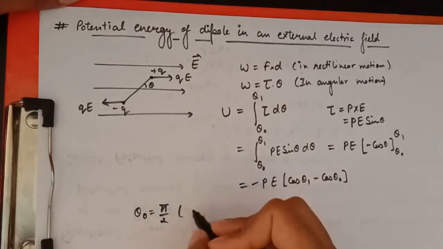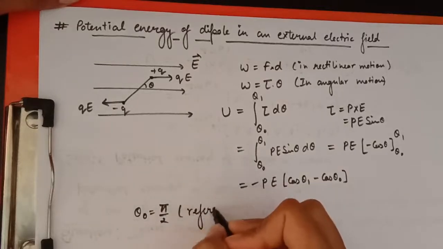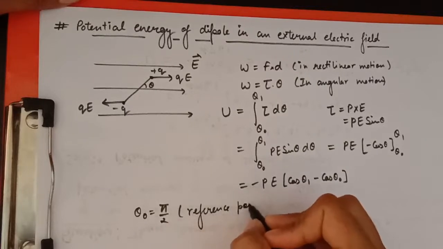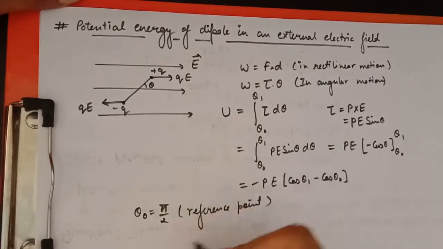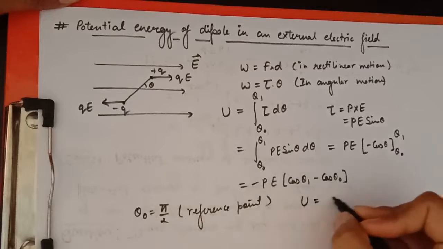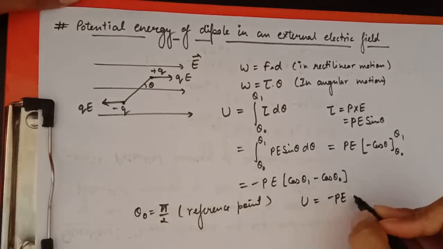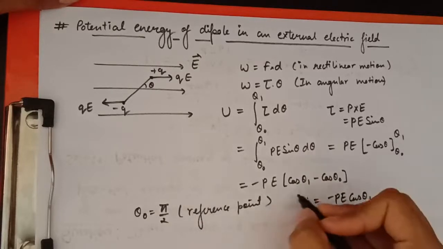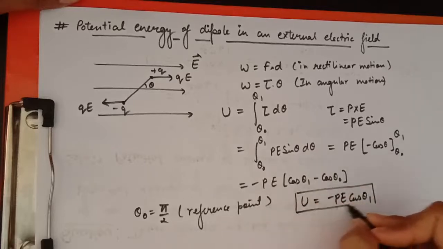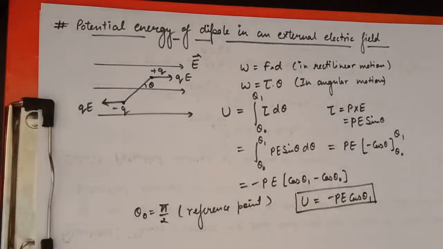It is just for reference. So U takes the form U is equal to minus PE cos theta 1. So this is the formula when a dipole is kept in an external electric field. This is the potential energy of the dipole.